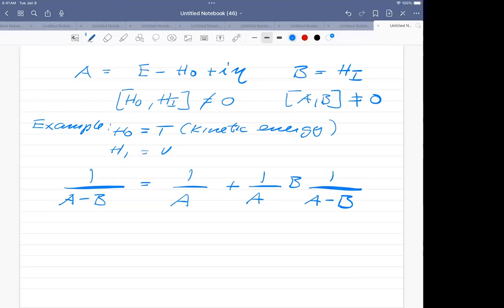So after the break, we are going to use this one to find approximations we can make to the Green's function. So this is a very powerful operator relation, which you probably have seen in mathematics courses. You may have seen it. So we're not going to prove it, we're just going to use it, if that's okay.